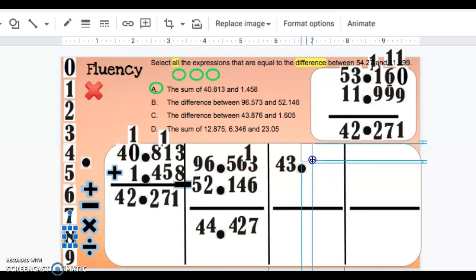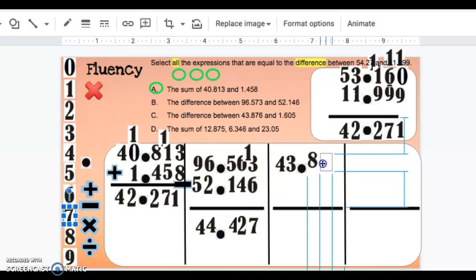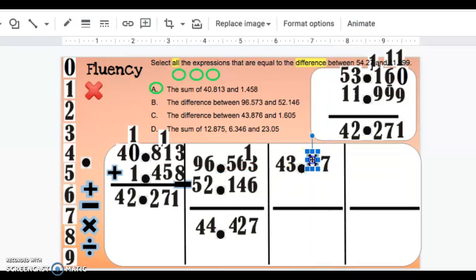8, 7, 6. Put my decimal point because I got to keep it in line.